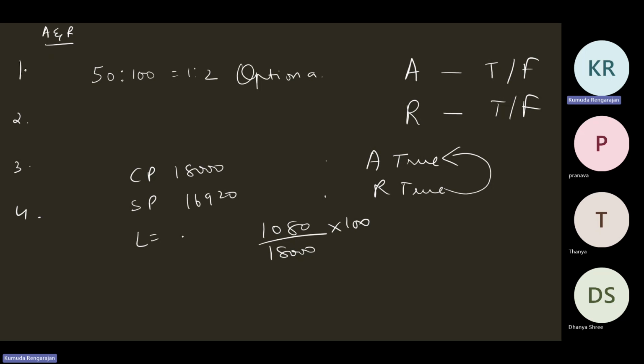Okay, so loss is 1,080 divided by CP 18,000 into 100. Just recheck: 108 divided by 18. All of you calculate and tell me if you're getting 6.3. All of you.